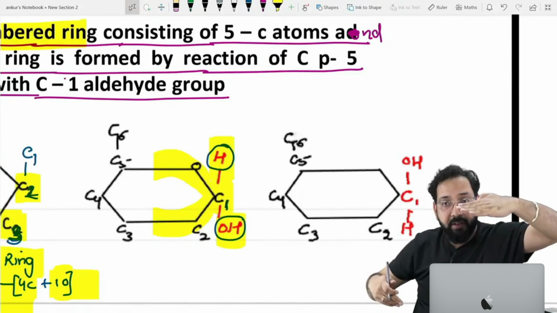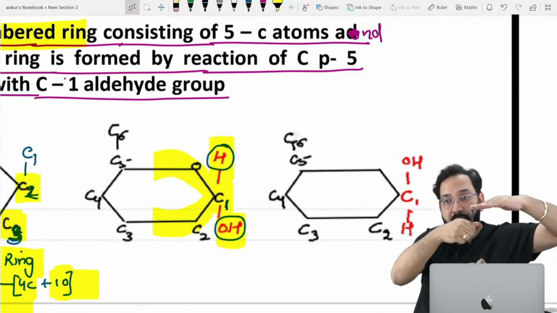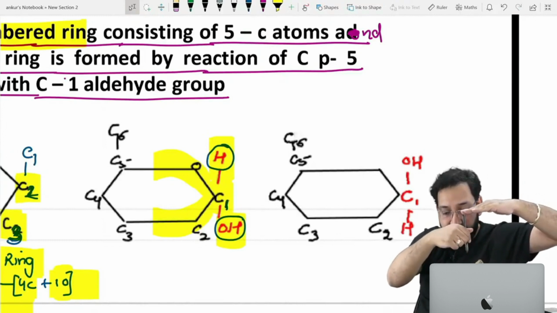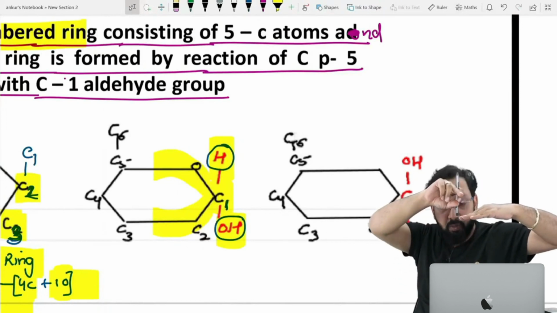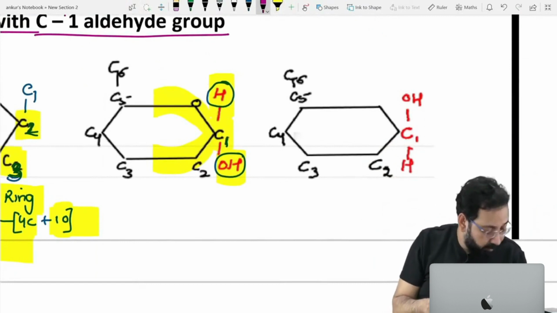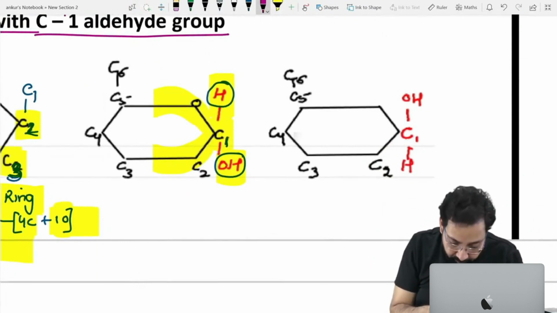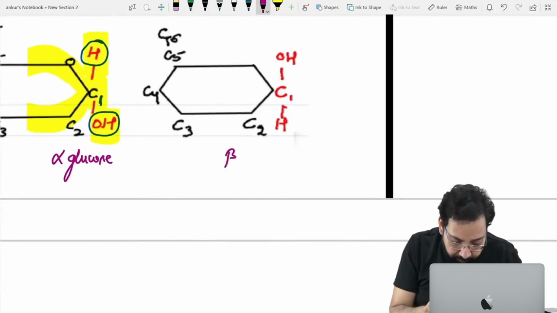If at carbon number 1 the OH is below the plane, it is alpha glucose, and if it is above the plane, this is beta glucose.